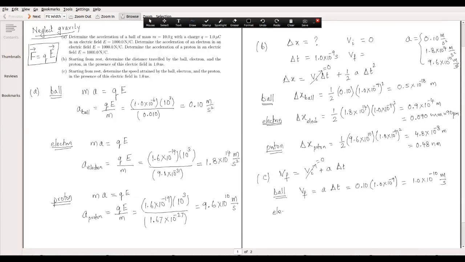The electron gains a velocity with the same expression: 1.8 into 10 raised to 14, A, times delta t, 1.0 into 10 raised to minus 9. So that's 1.8 into 10 raised to 5 meters per second.